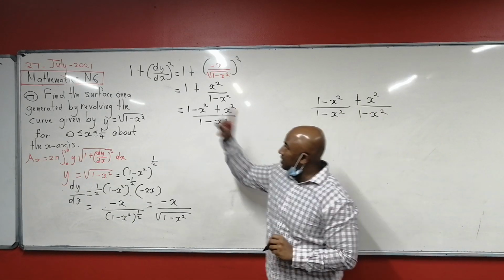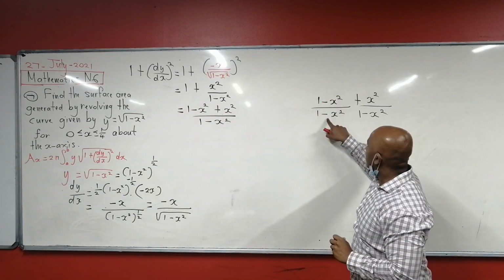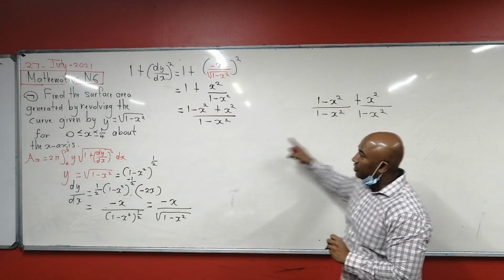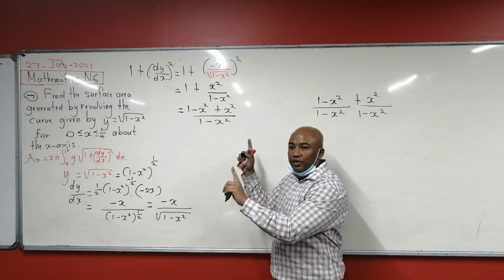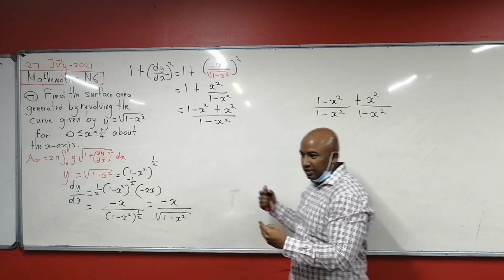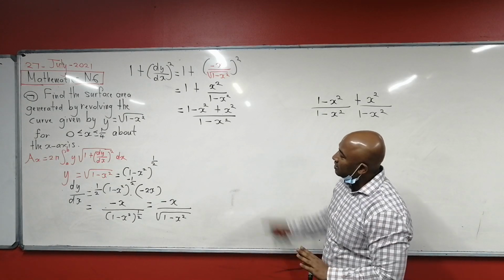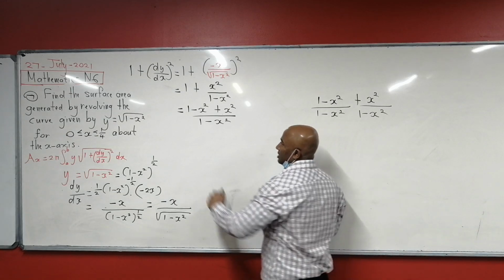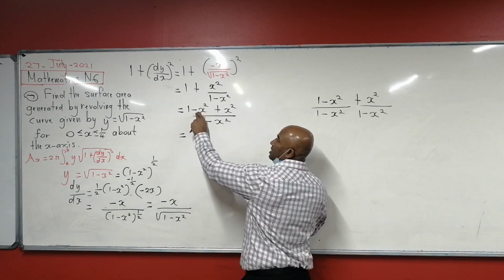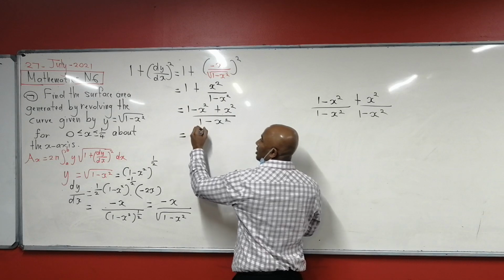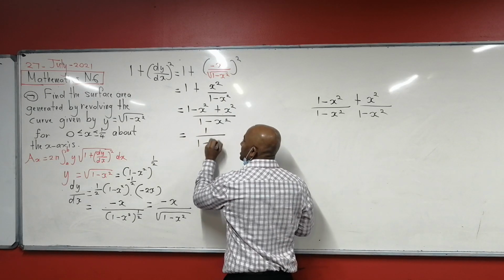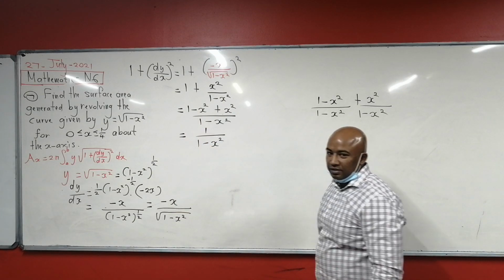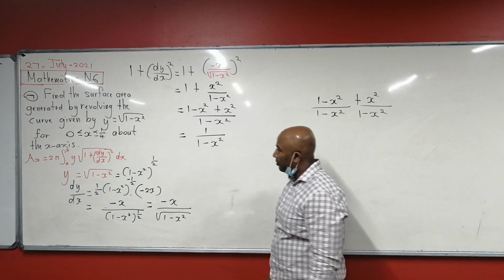That divided by that is 1. You can see that. Once your denominator is common, you write it down once, and then you deal with the top. Right, just that I'm doing it in one, I'm skipping steps. Alright. So now, minus x squared plus x squared is out, so I've got 1 over 1 minus x squared. That's as far as we can go.